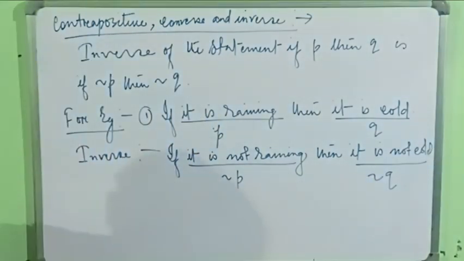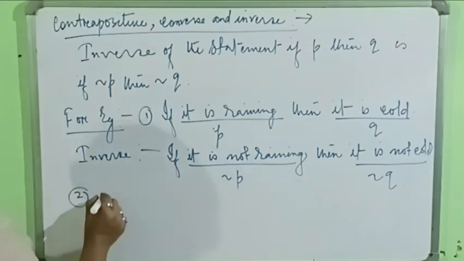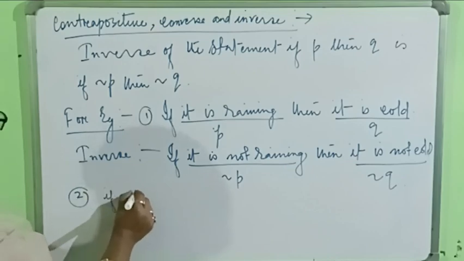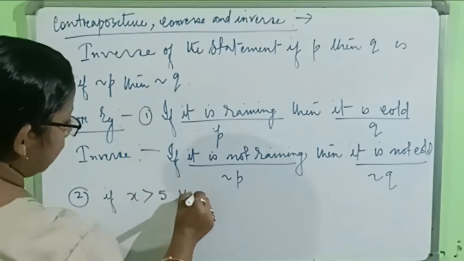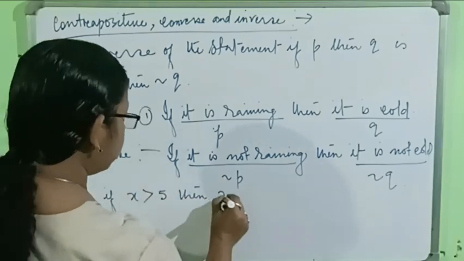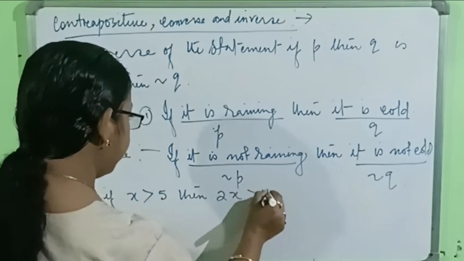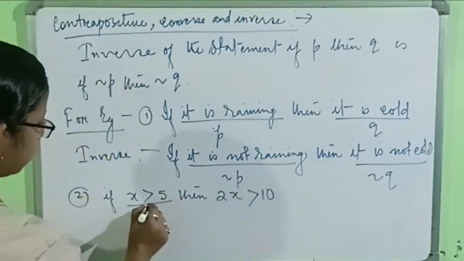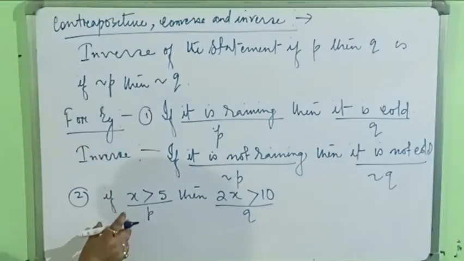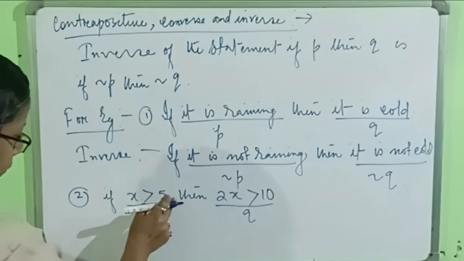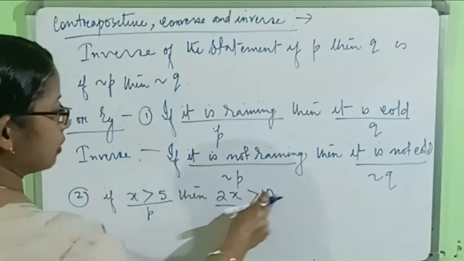Take one more example: if x is greater than 5, then 2x is greater than 10.